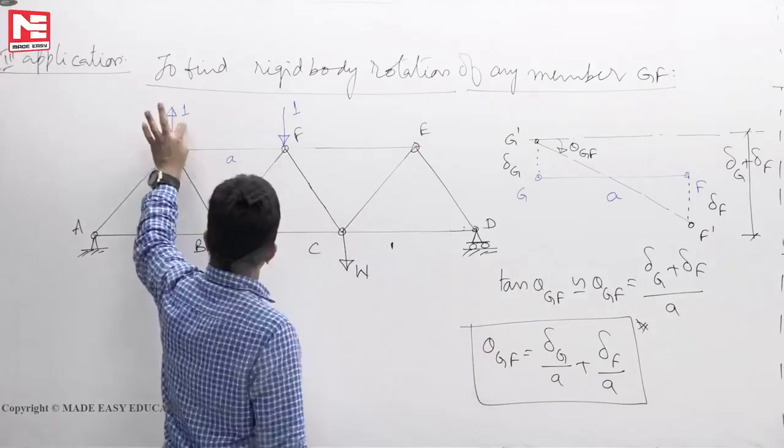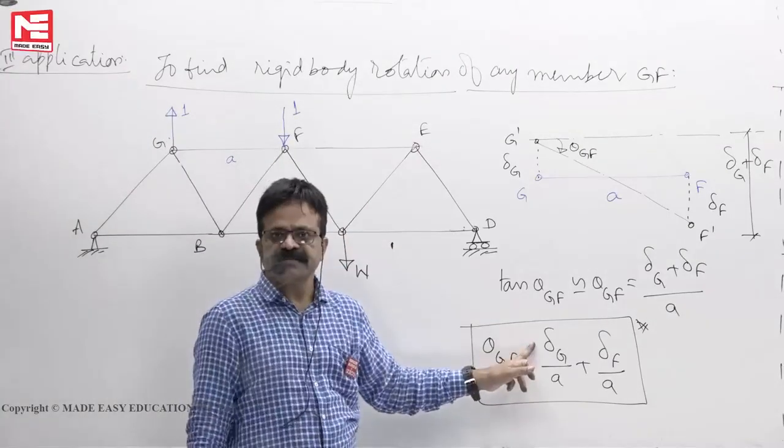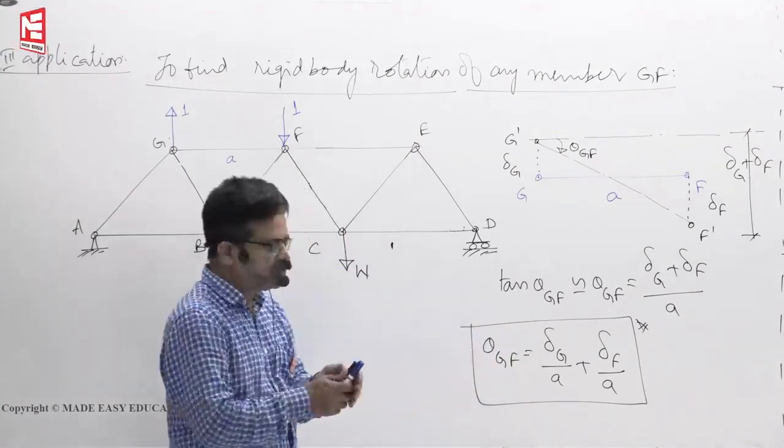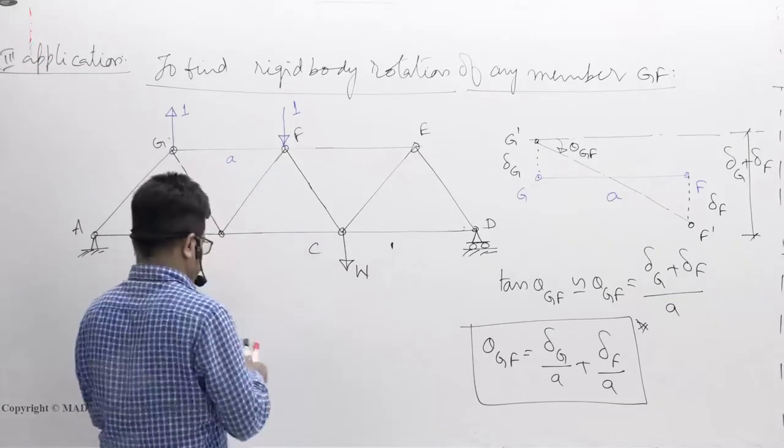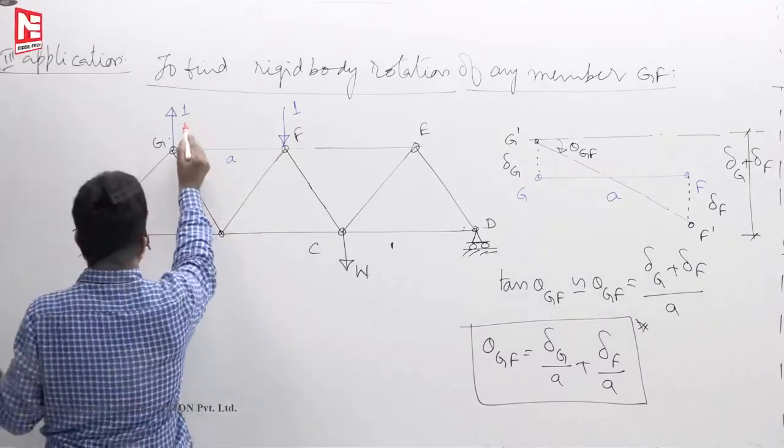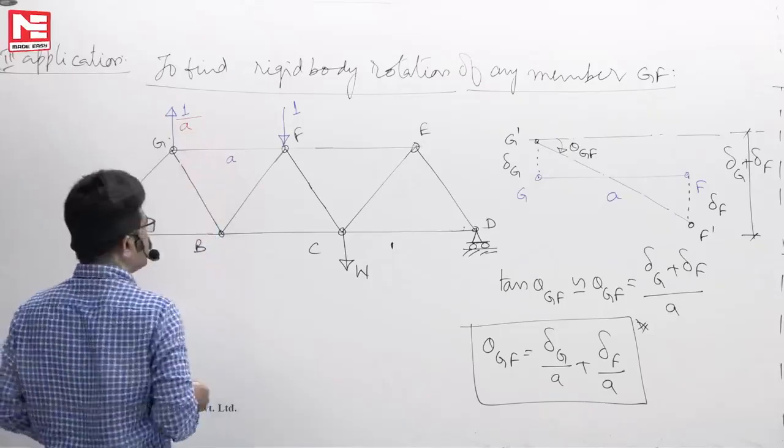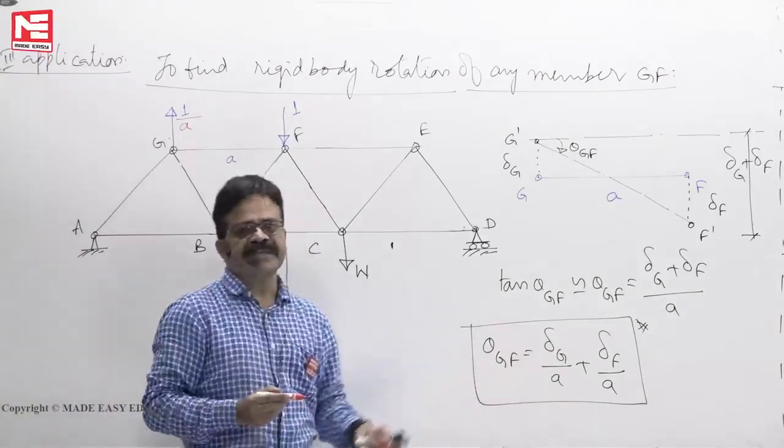If I apply unit load, I will get delta G. Instead, I apply 1 by A, and I will get delta G by A directly.